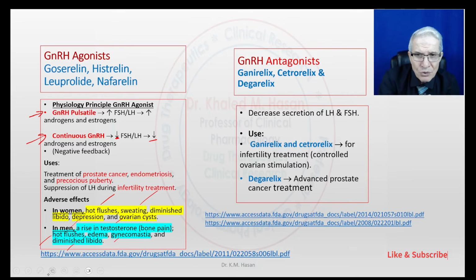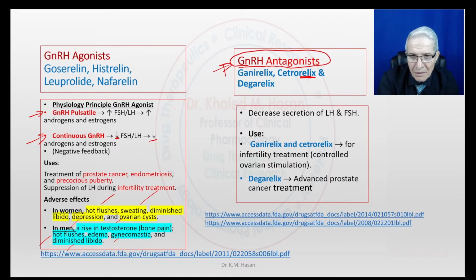Moving to the second group of medication, with the relax here, we call this one GnRH antagonist. For GnRH antagonists, we are talking about the medications cetrorelix and degarelix.